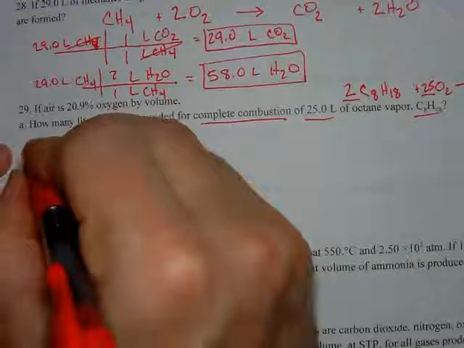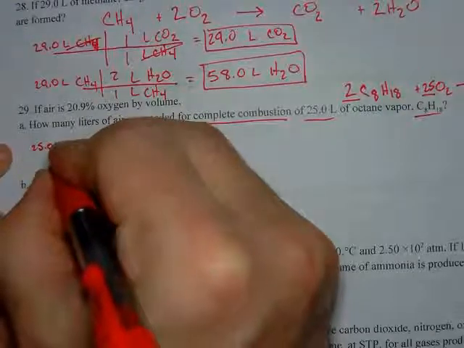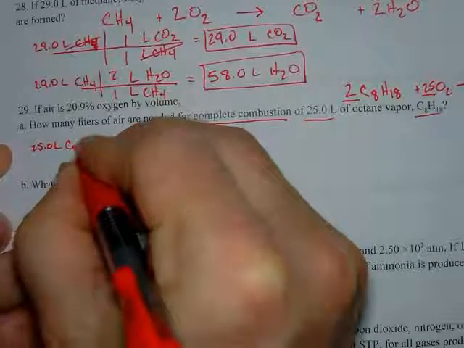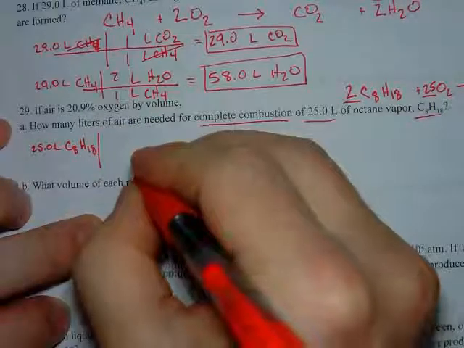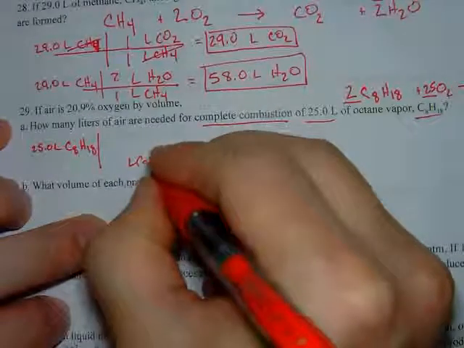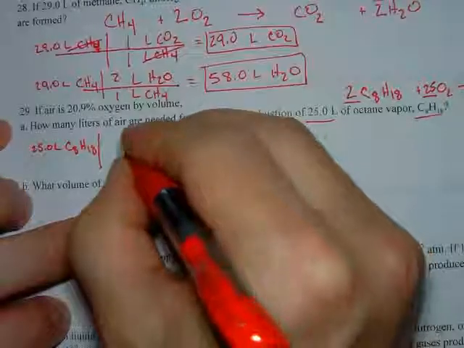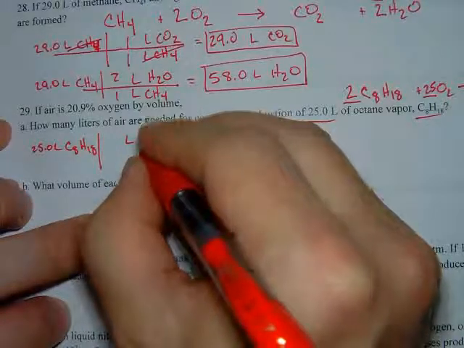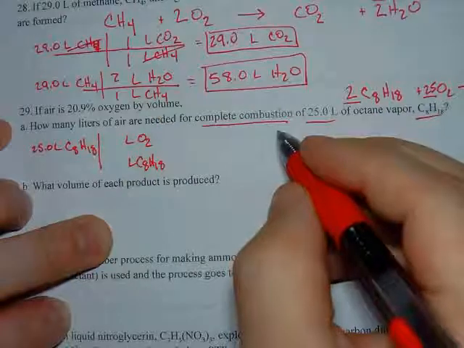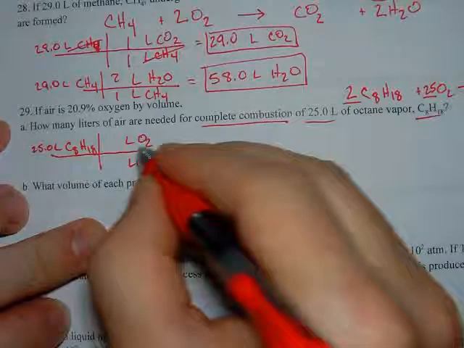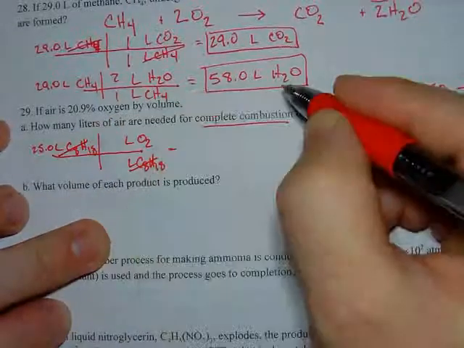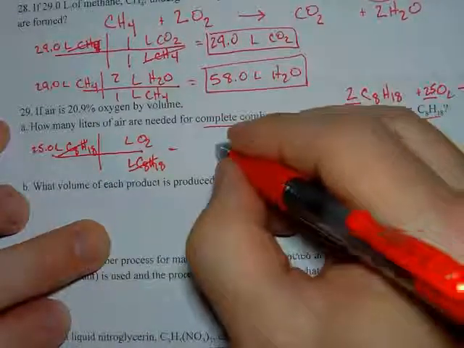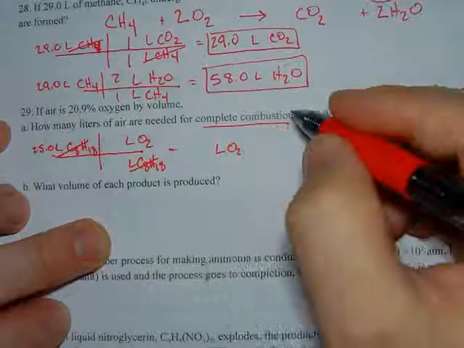So the problem gives us 25 liters of C8H18 to start with. We are going to have liters of C8H18 and into liters of oxygen. All right, once we do that, liters of octane will cancel with liters of octane, and we will be in terms of liters of O2.